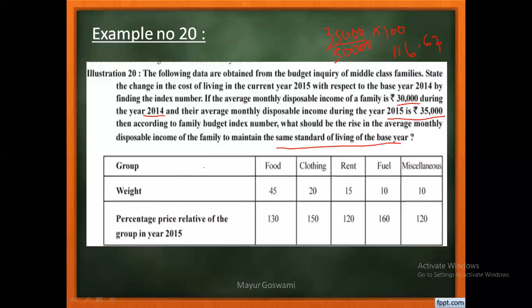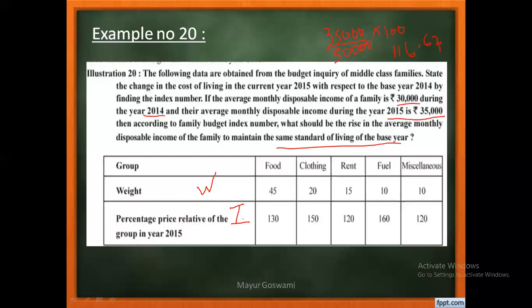So in the information you have been given: group, item, you can say food, cloth, rent, fuel, miscellaneous, and weight W is given. So obviously using which method? Family budget method. Percentage price relative of the group in the year 2015. Don't say this is P1. This is not only price. This is percentage price, and when your price is given in percentage, it is the index number you have been given, right?